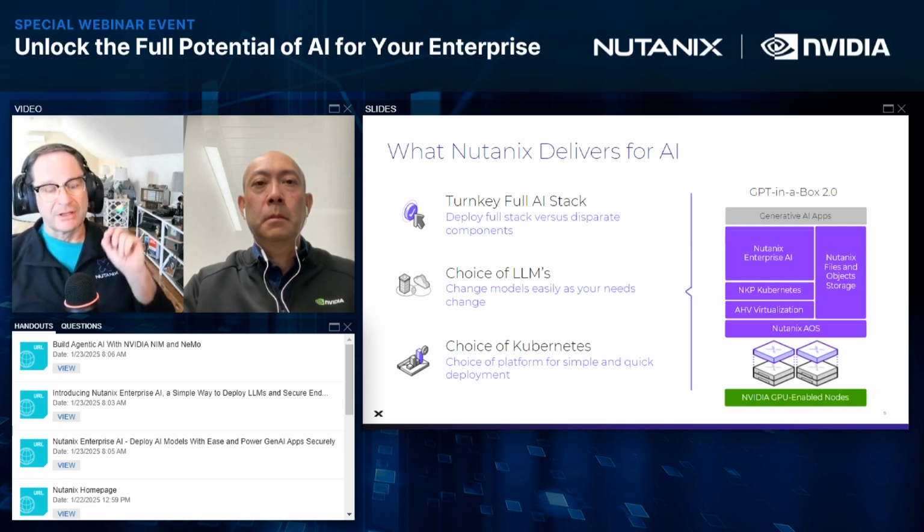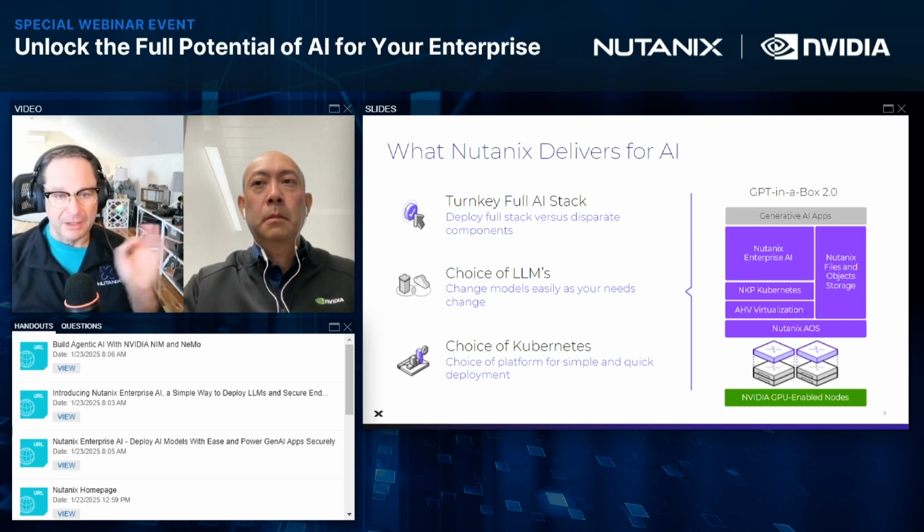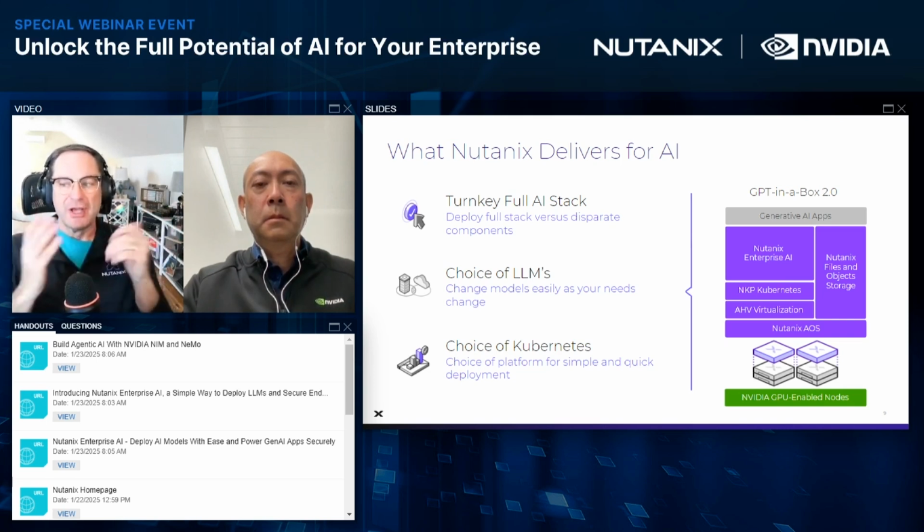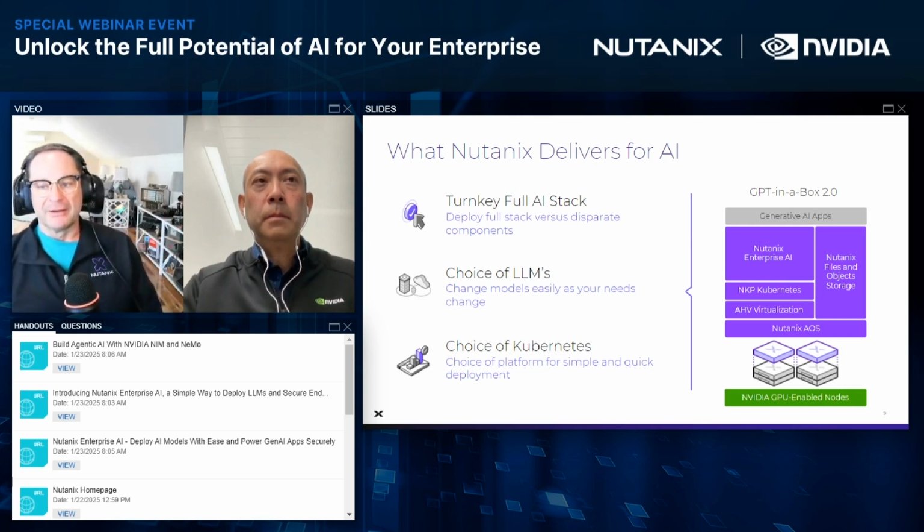And then the creme de la creme, the key that we're going to come back around to, is the Nutanix Enterprise AI. It's the platform for deploying, managing, and securing your AI apps, your endpoints, and your models, and integrating with such a beautiful user-friendly interface with RBAC controls, role-based access controls, which is key and essential.